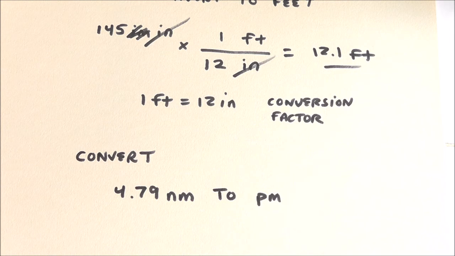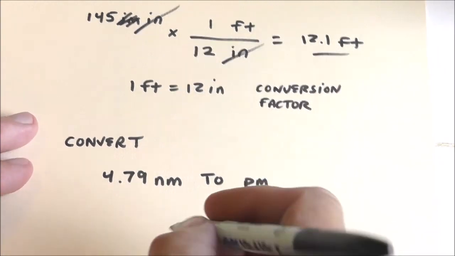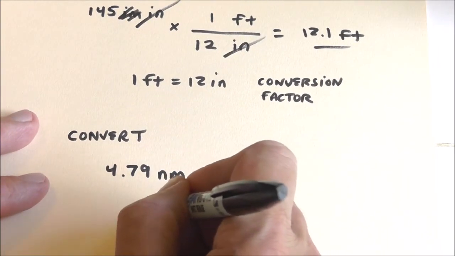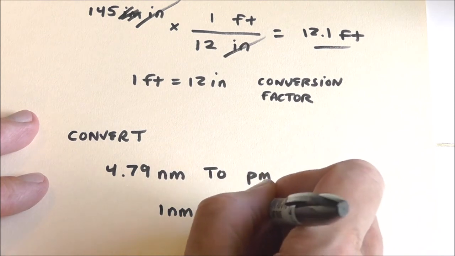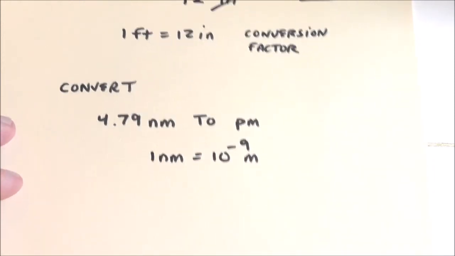There's no one way to solve the problem, but what you could do is convert this to meters. Using the multipliers, I know that 1 nanometer is 10 to the minus 9 meters because Mike told me, right? And I memorized it.